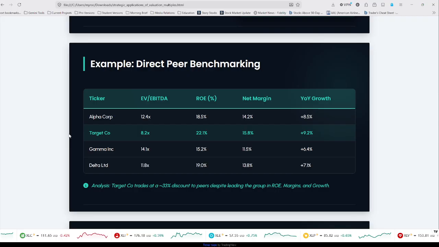And generating profits, leading their peers in growth. But when you look at the EV to EBITDA, which is your multiple, like I said, it's basically about how much am I paying for what the company's offering, right? If they're offering me $1 in earnings, how much am I going to pay for that? In this particular case, I'm paying $8 for every $1 in enterprise value right here.